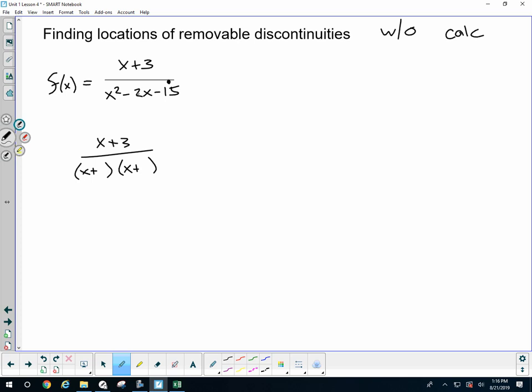And this x is going to be multiplied by this number, and this x is going to be multiplied by this number when I distribute, and I'm going to add those two x quantities together. So I'm looking for the same two numbers that add to get negative 2 and multiply to get negative 15. A lot of people have done this in the past.